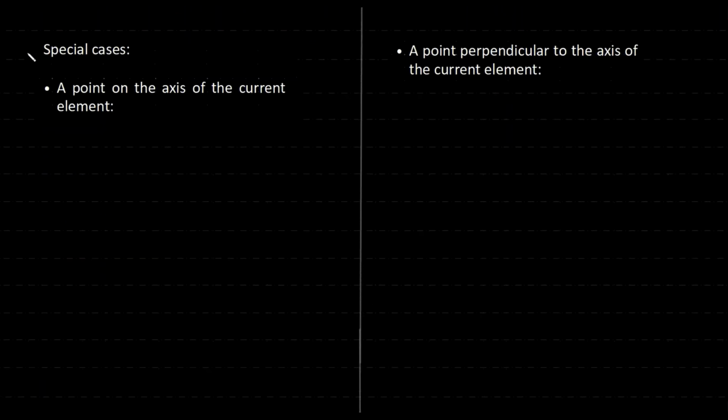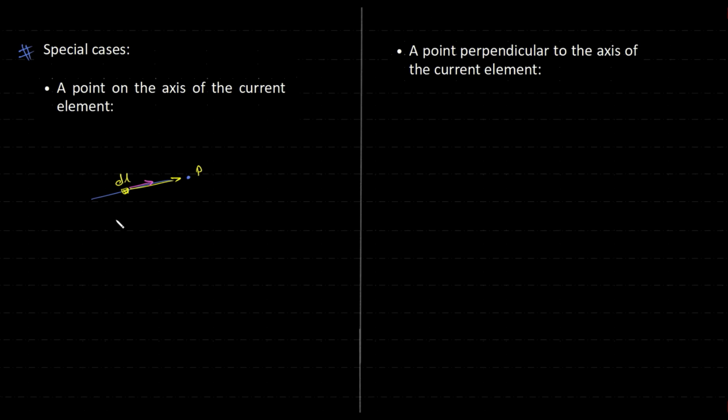Now, what if we have the angle between the wire and the point, right? dl, the small length, and the position vector in the same direction. So basically this is parallel or anti-parallel. The point is on the axis of the current element.